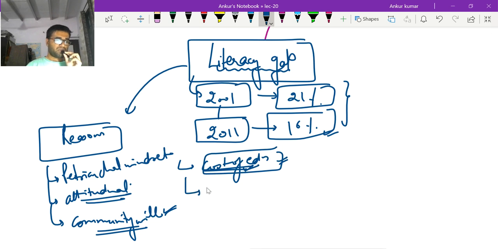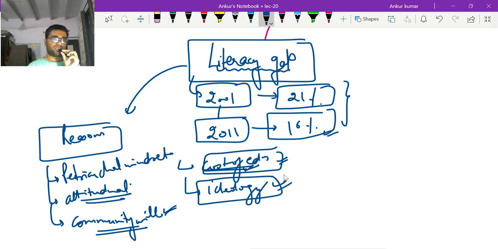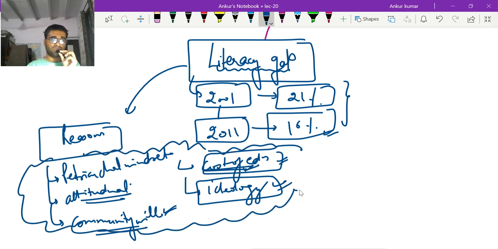And there are many other reasons. For example, the ideology. Many religions, even today, are guided by the ancient injunctions, and they force their injunctions upon women. You wear this, you wear that, you sit with that, don't sit with that. So this kind of attitude again leads to secondarization of women, and all these problems are leading to this problem, that is the literacy gap.